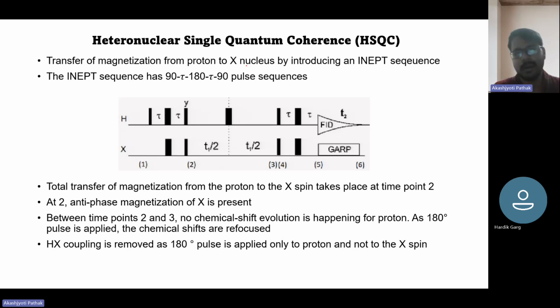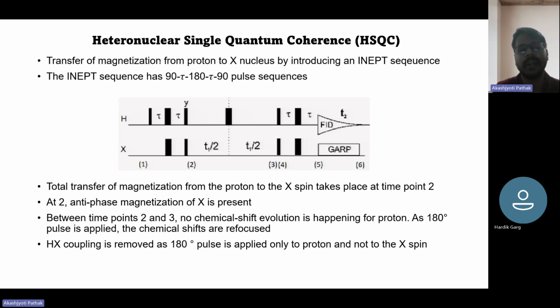X can be carbon or nitrogen, which has a lower sensitivity, because they have a lower gyromagnetic ratio, and also the abundance is less. So we want to transfer the magnetization from the proton to the X nuclei. That is what we had seen in the polarization experiment, and that is what is done here also.